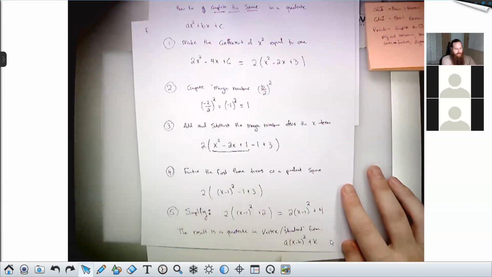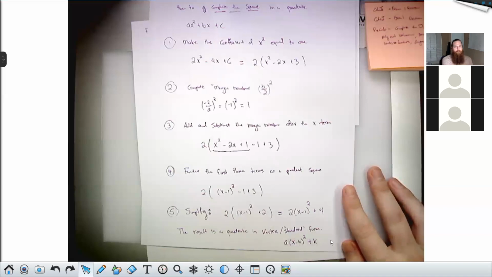So for this guy, a is 2, h is 1, and k is 4. Be aware that there's a negative sign built into this formula for standard form. So it's always x minus h squared. So this x minus 1 tells me h is actually positive 1.